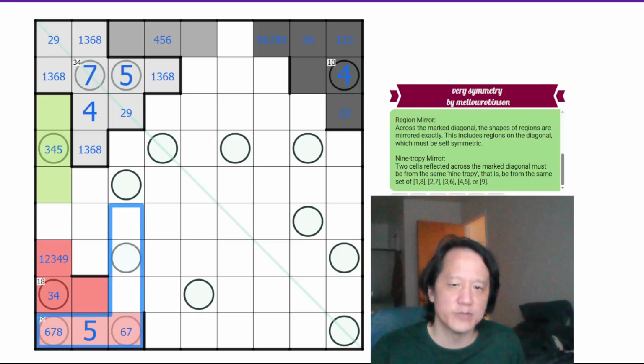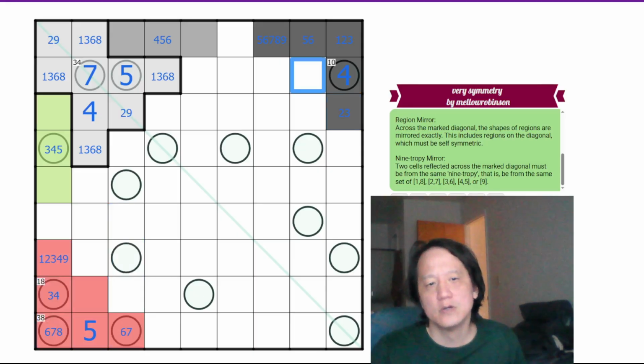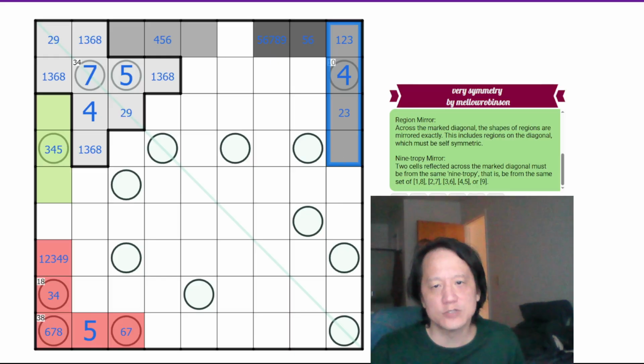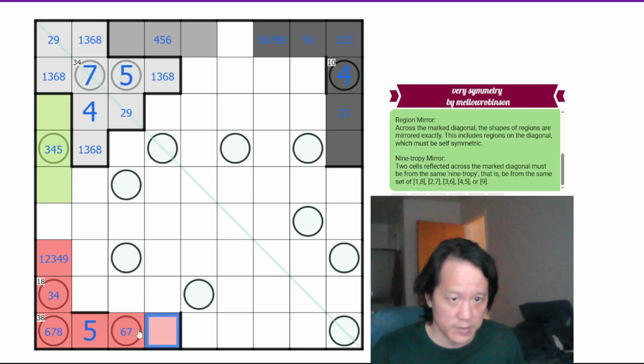So therefore it must go like that. This would then have to be 6, but then this would only see 5 cells because we already have 9 cells in the region. So it cannot go here. Which means that it does have to go this way. And that sees 4 cells. So we have a guaranteed boundary here, a guaranteed boundary here, and this is red, so it's done.